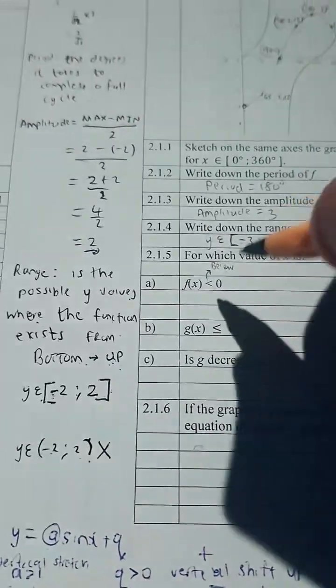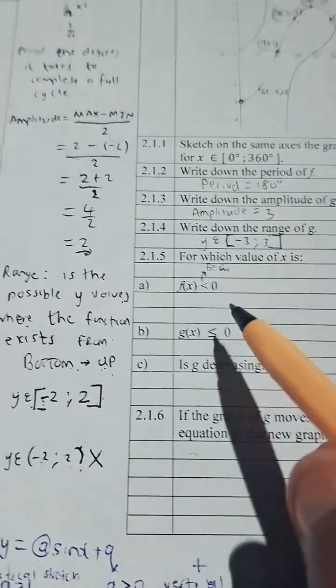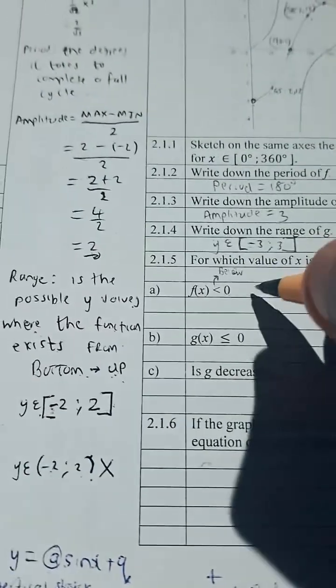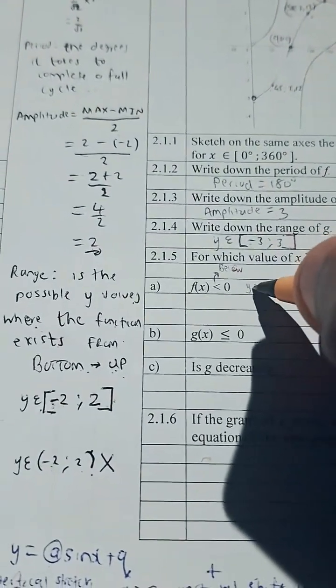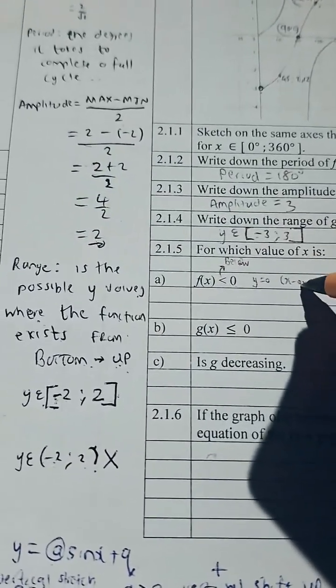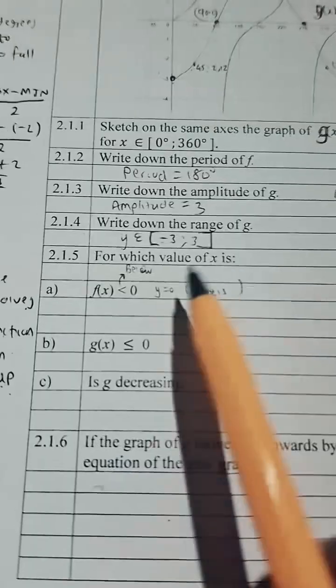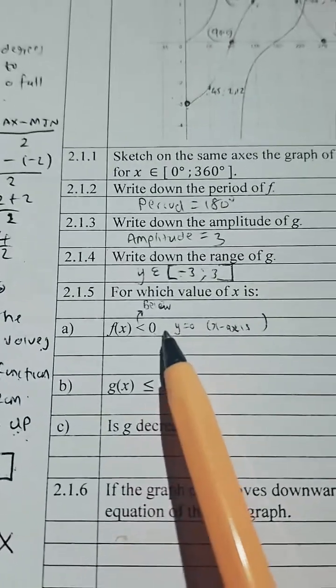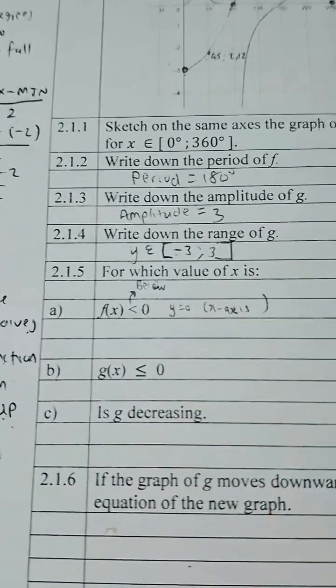But below what? Or underneath what? 0. What does this 0 mean? It means the line y is equal to 0, in other words, the x-axis. We want to know, where is this function, the tan graph, below the x-axis?